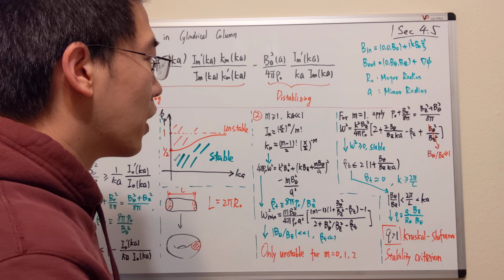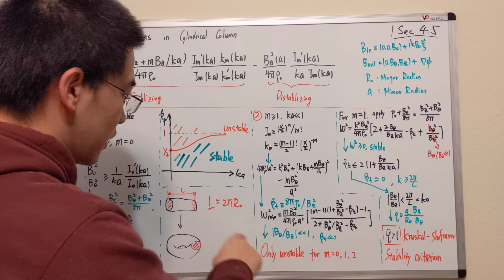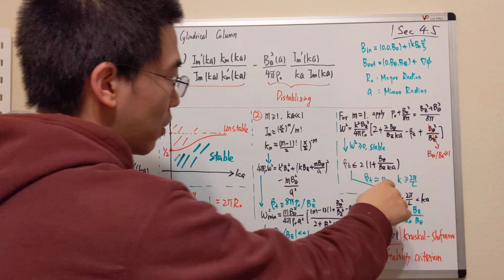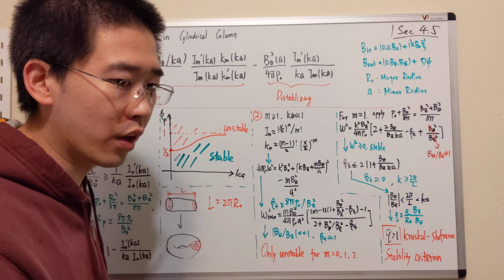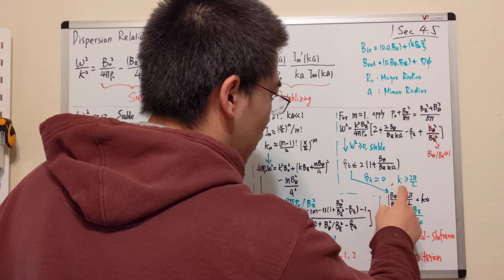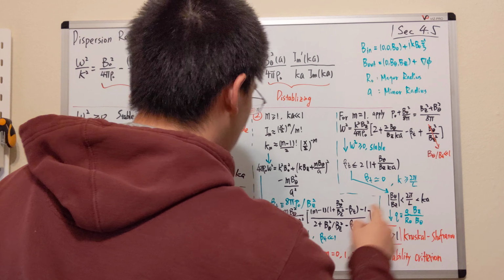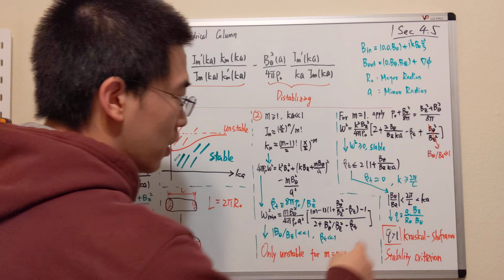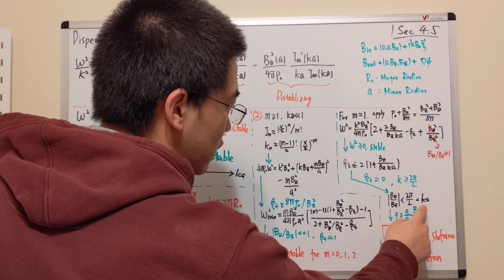So we need at least one wavelength in this column. This is the argument: more than one wavelength in the length of the column, and then this becomes a stricter condition than this, based on the algebra.